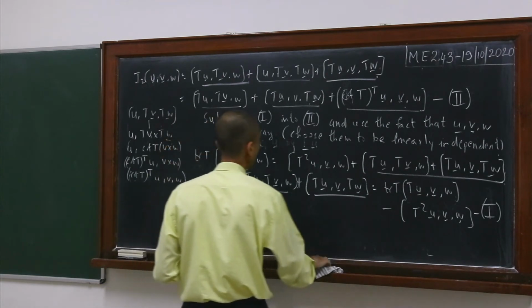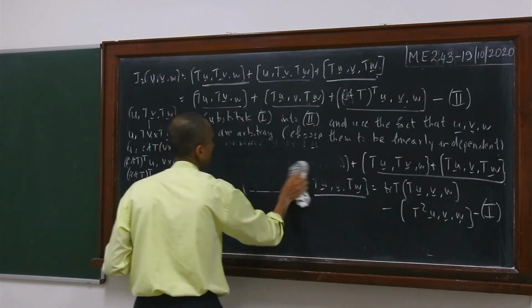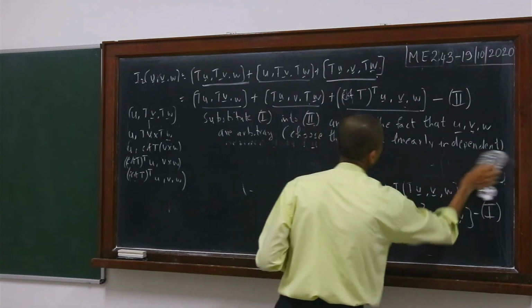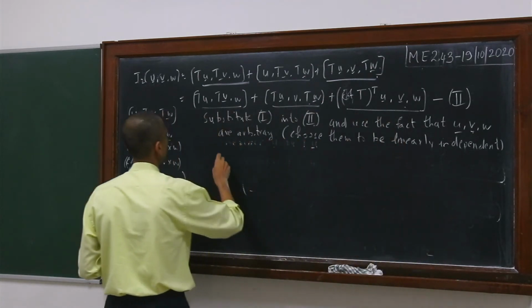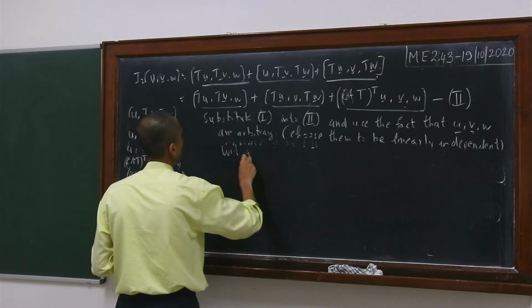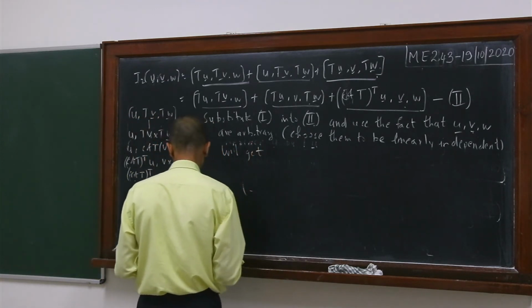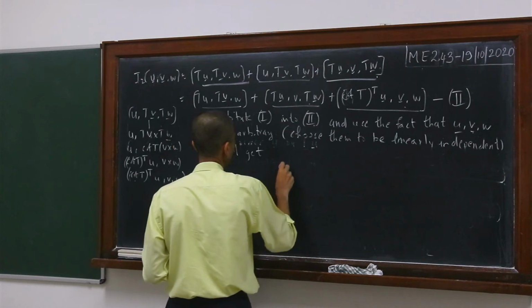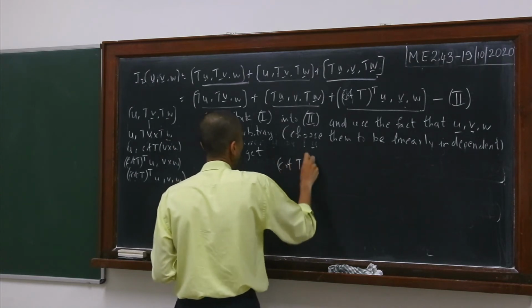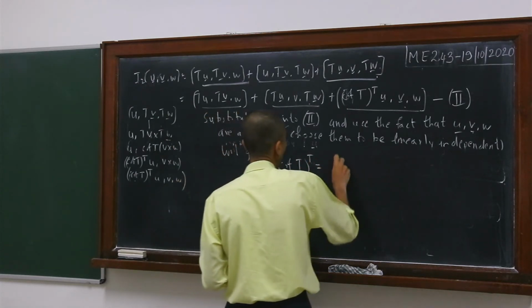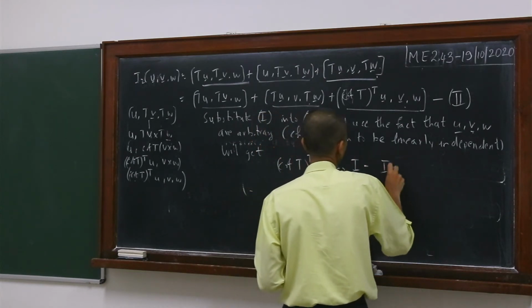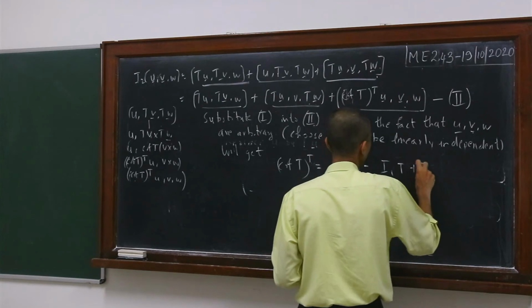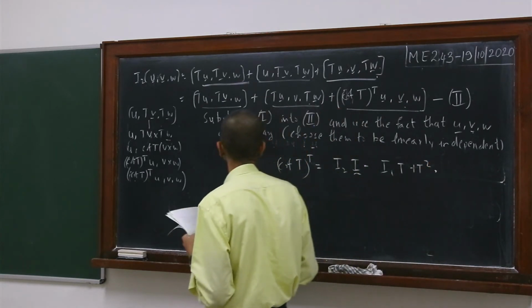From that you will get that cofactor of T transpose is equal to I2 times I minus I1 of T plus T square. So that is how you will get this particular result.